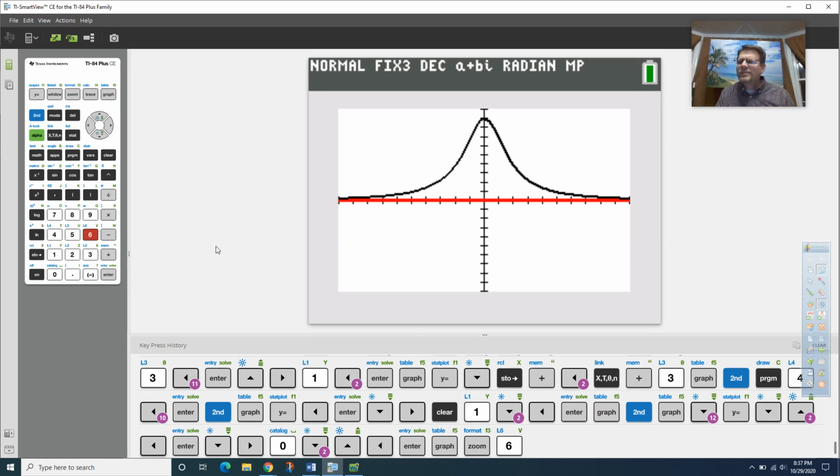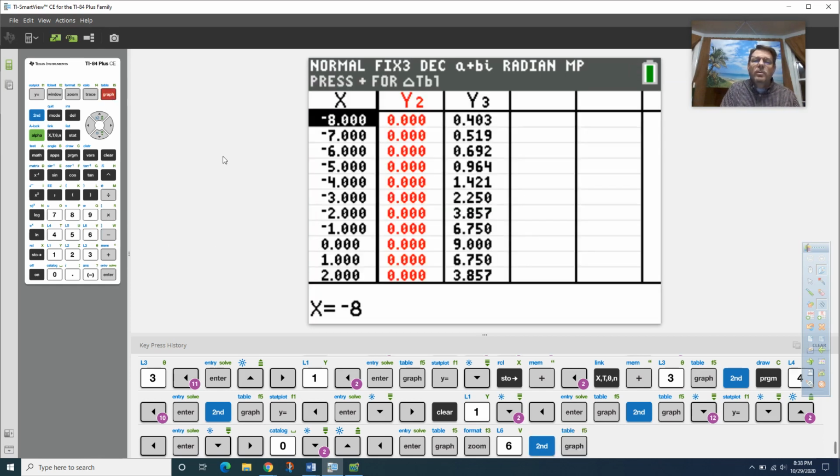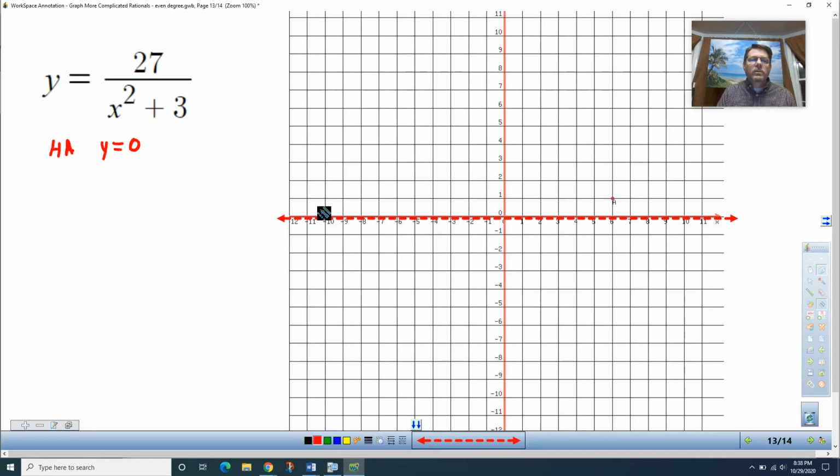Zoom 6. But you know what? No big deal. All I have to do is go second table and start plugging in points. Well, there's the horizontal, and then start plugging in these points. Okay, let me make the same adjustment on my handheld calculator. Here we go. I got my handheld going. Let's go back over to the graph. And now I'm just going to be plotting points.